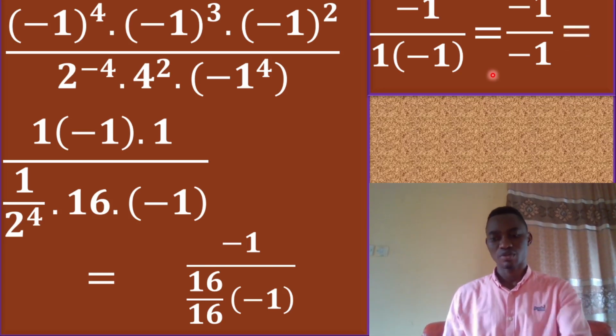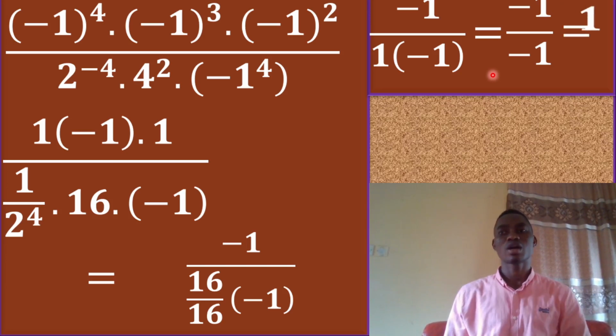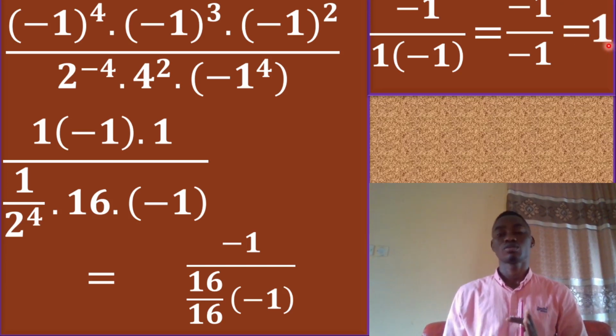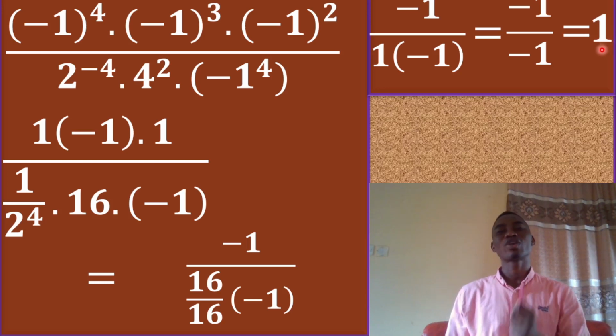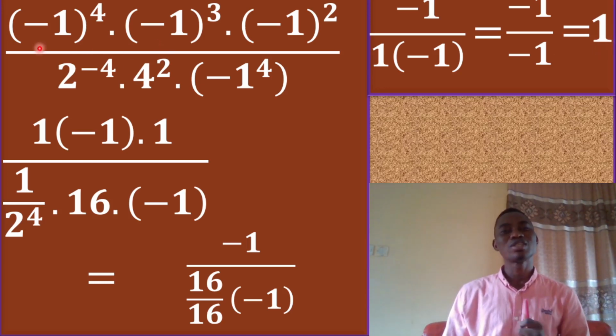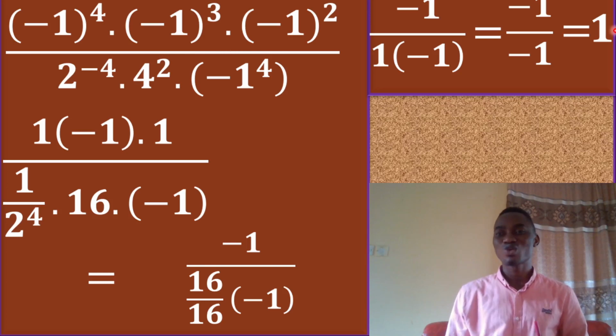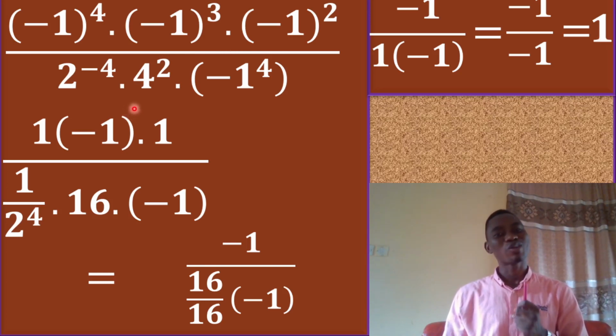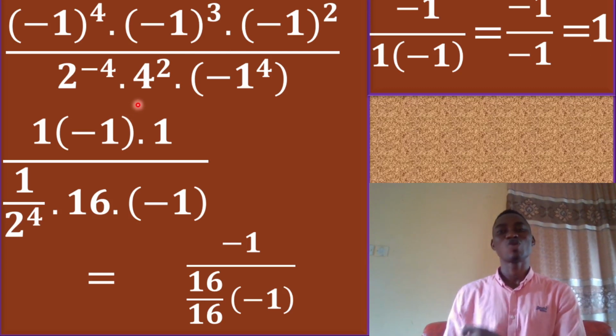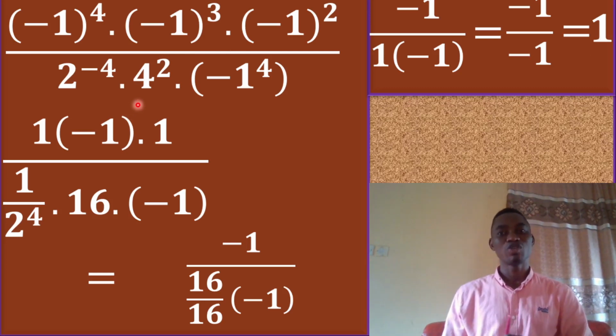So what we have finally as our answer is what? 1. Very, very simple. Okay, so the correct answer to this expression is what? 1. If you got -1, you have to go back and check. Probably you made a mistake somewhere. Okay, so the correct answer is what?